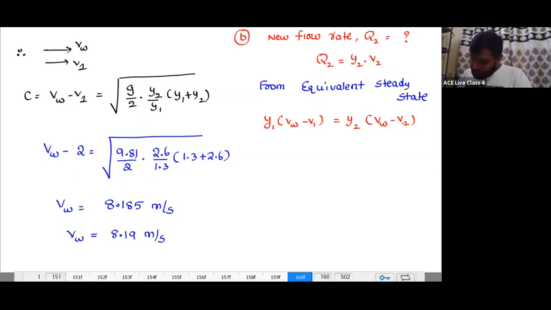I want this V2. So now, what is y1? y1 into (Vw, 8.19, minus V1, which is 2) is equal to y2, which is 2 times y1, into (8.19 minus V2). y1 will get cancelled.